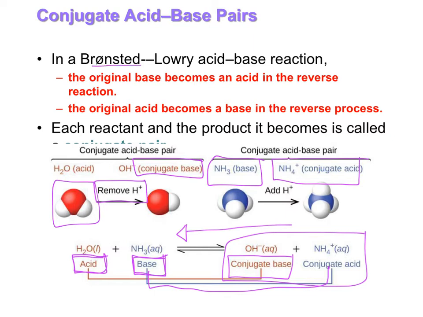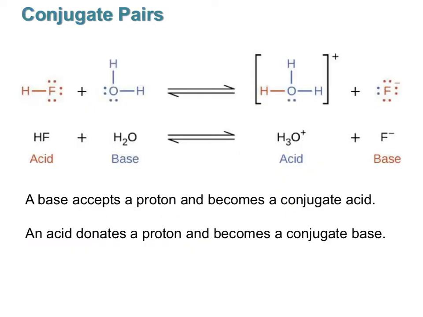So in a Bronsted-Lowry acid-base reaction, the original base becomes an acid in the reverse reaction. The original acid becomes a base in the reverse process, and they're each called their conjugate. These are conjugate acid-base pairs.